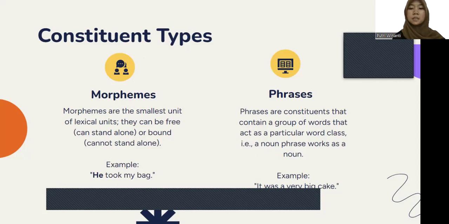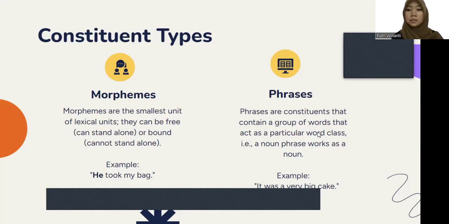Okay, the second type is phrases. Phrases are constituents that contain a group of words that act as a particular word class. A noun phrase works as a noun. Phrases can be categorized into noun phrases, verb phrases, prepositional phrases, adverb phrases, and adjective phrases.